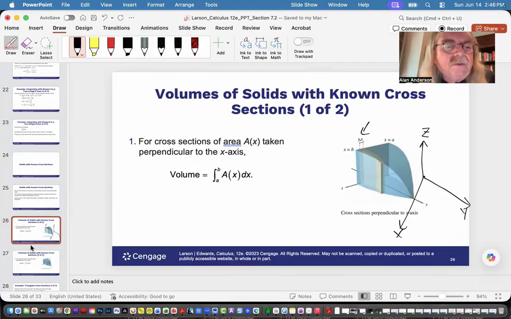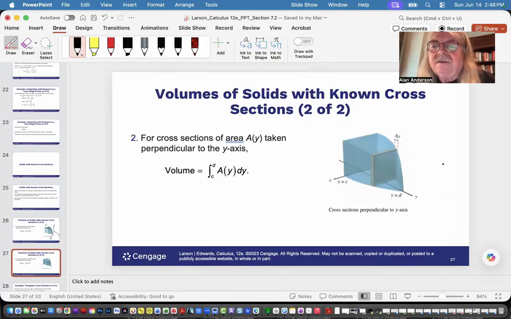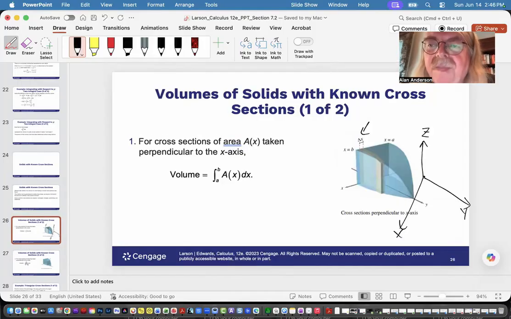We could also do this on the y-axis. Okay, if we're assuming this is the y-axis. And you can see the only difference is the upper and lower limits of integration, and now it's A of y instead of A of x. We can do either one. Usually we just pick the one that's got the least messy functions for us to deal with.